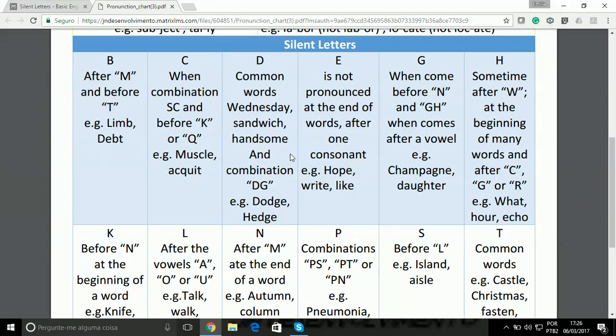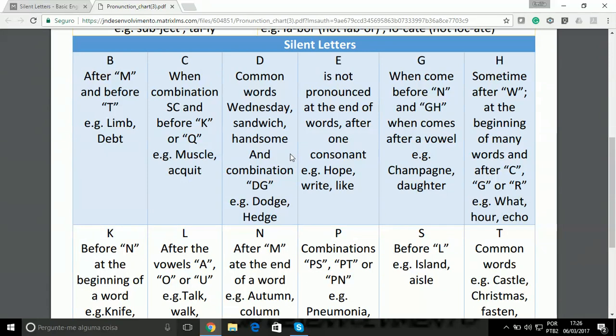The G, when it comes before the N, and in some cases the GH. Remember, the GH either doesn't have a sound, or it has the sound of an F. So in this case, we're just looking at the option of it being silent.